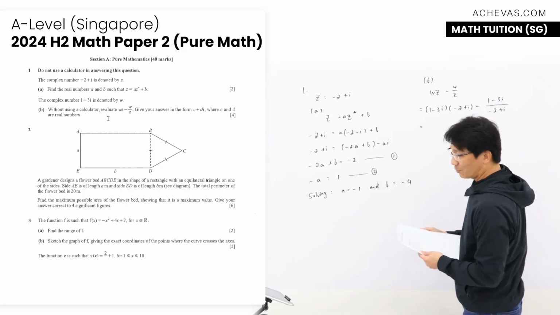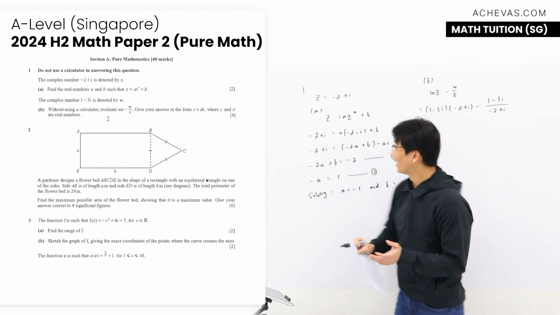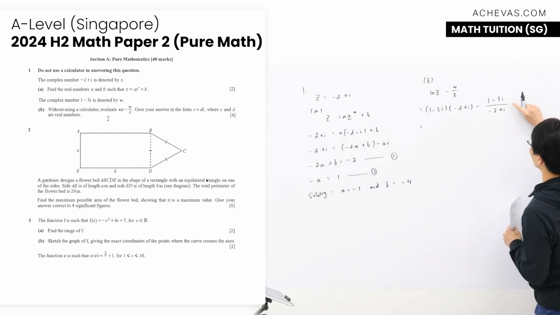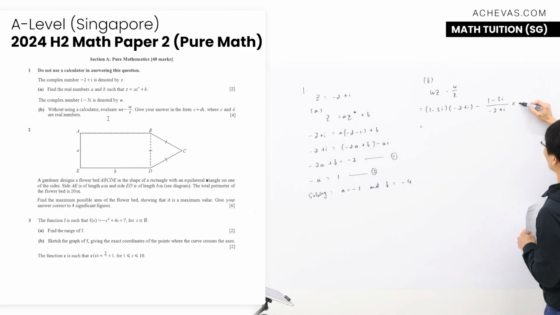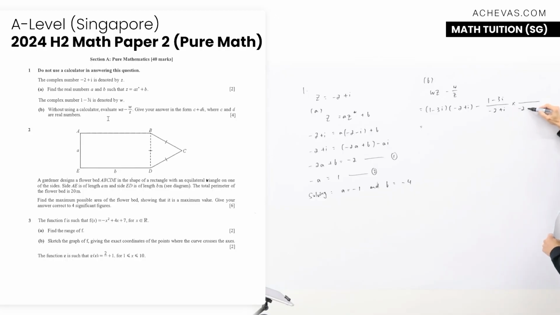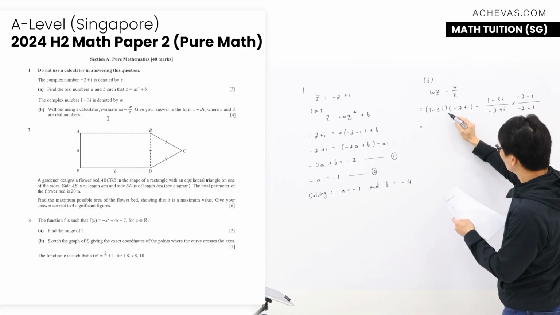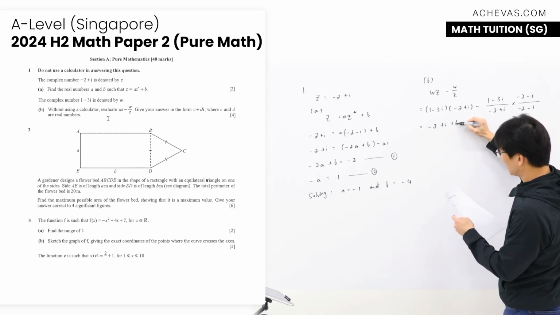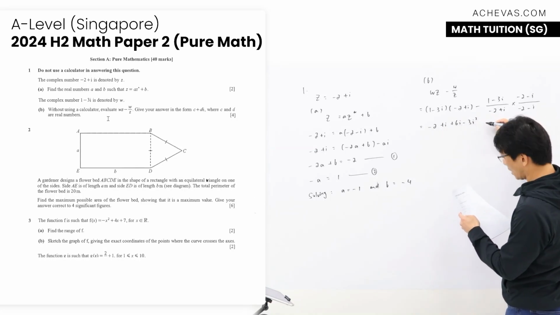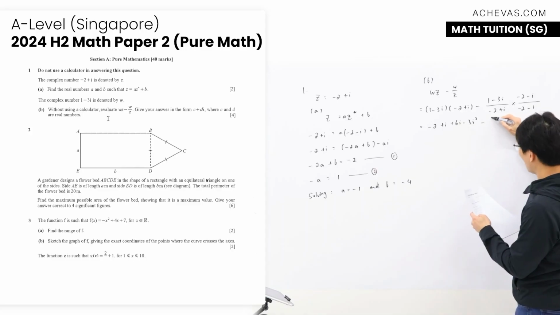Since in this question we are not allowed to use our calculator, we have to rationalize this manually by multiplying by the complex conjugate of the denominator, which is -2 - i. By doing our expansion, we will get -2 + i + 6i - 3i².